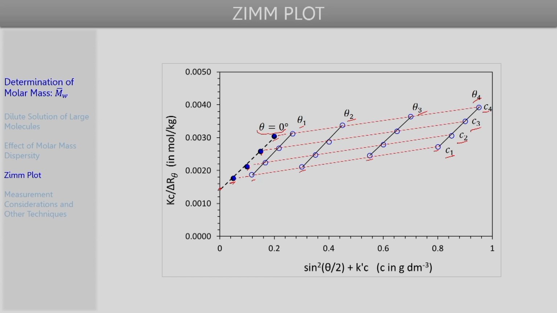Similarly, if we extend all the points corresponding to constant theta to a concentration C equal to 0, then for theta 1 the extrapolation gives us this point, similarly for theta 2 this point, theta 3 this point, and theta 4 this point.